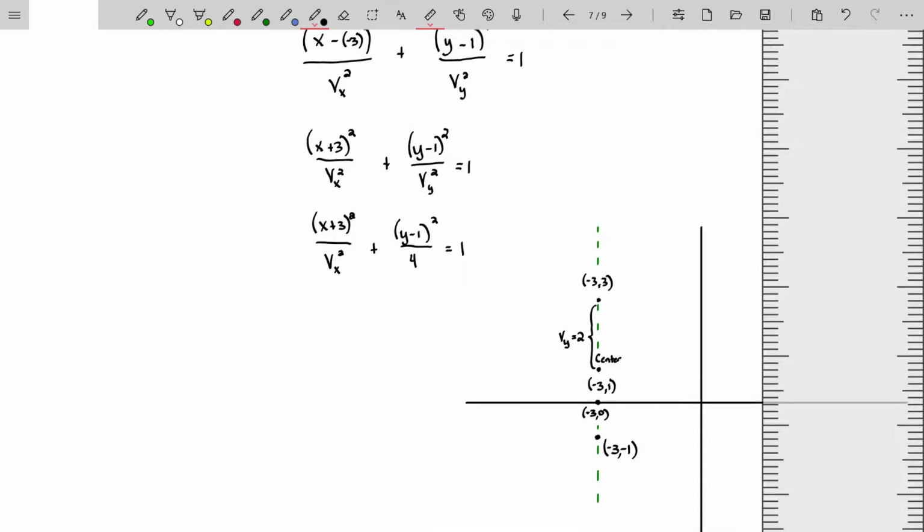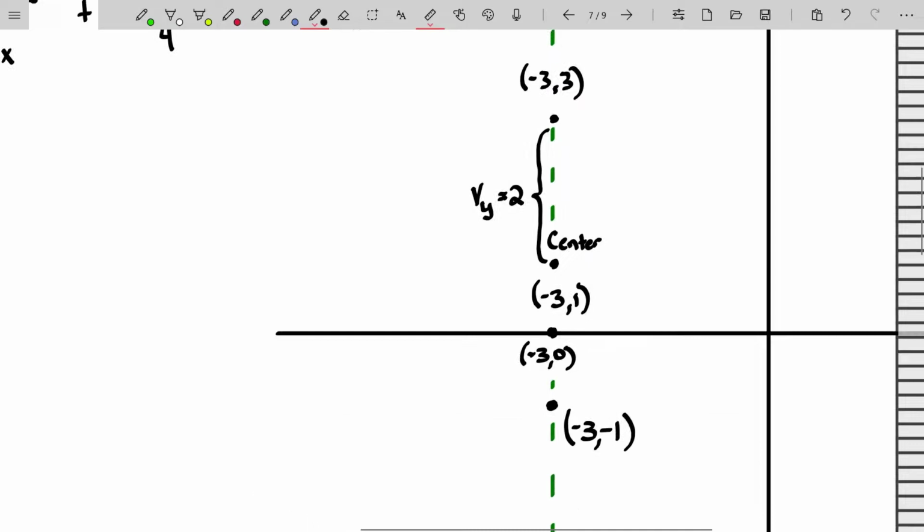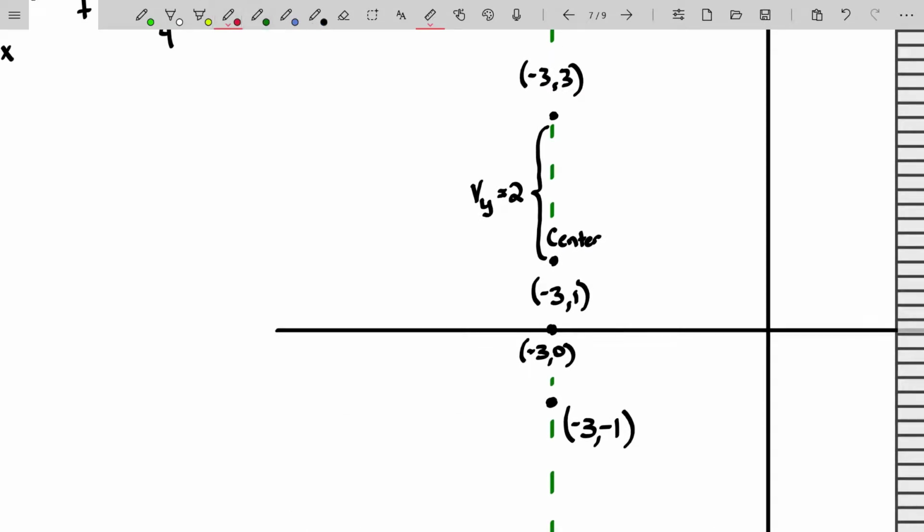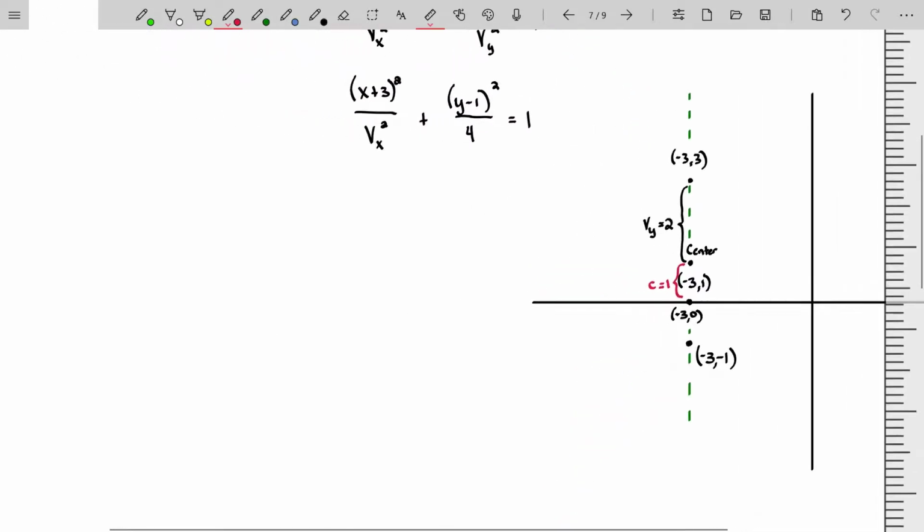Now, I'll use the last statement here. The distance between the center and the focus is a distance of 1. So I happen to know that c, the distance from the center to the focus, is 1. And now we can use the relationship that c² is equal to the difference between vₓ² and vᵧ².